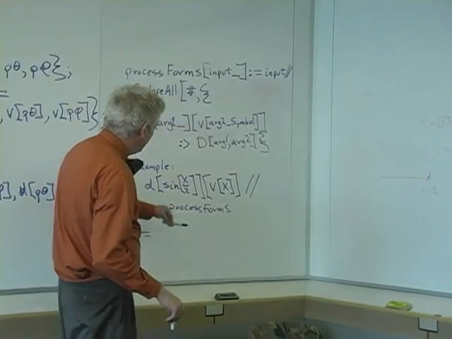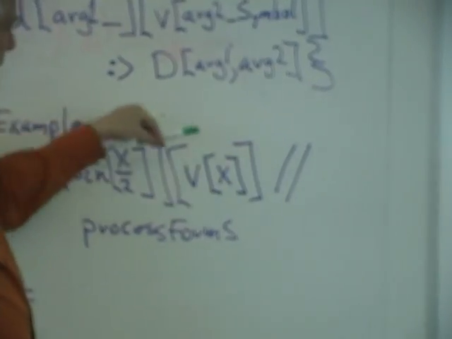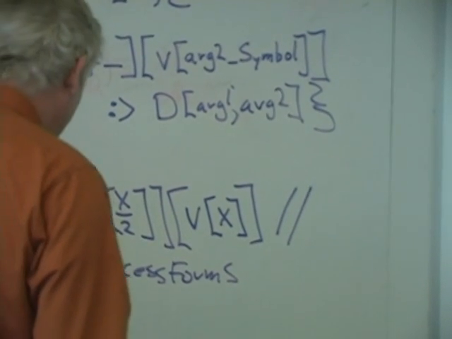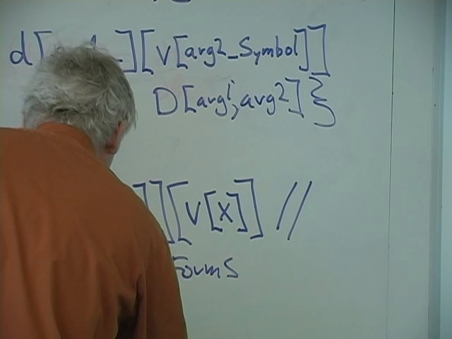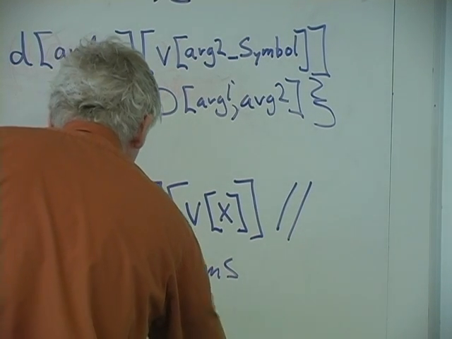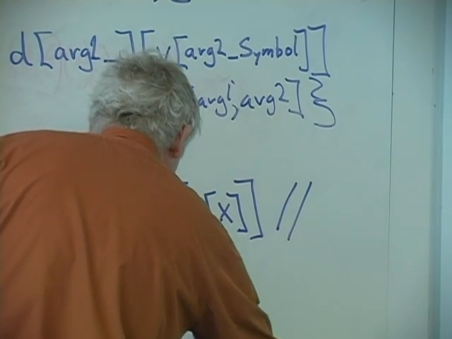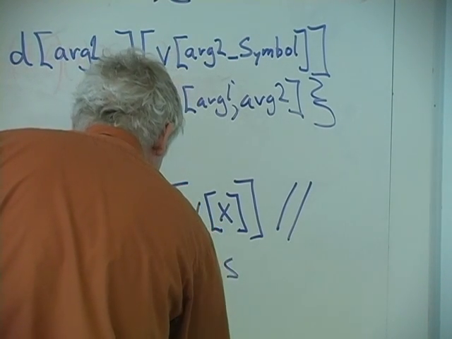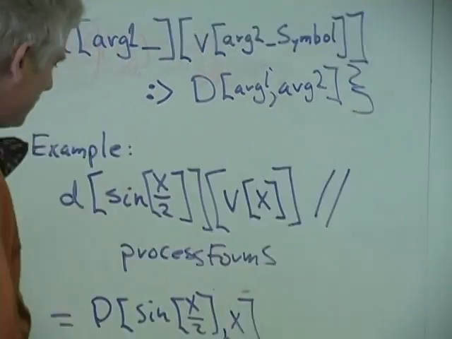Mathematica will say, well, here's the input. Here's a string that matches this pattern. I should replace that with the derivative of sine of x over 2 with respect to x. And Mathematica knows what that answer is.